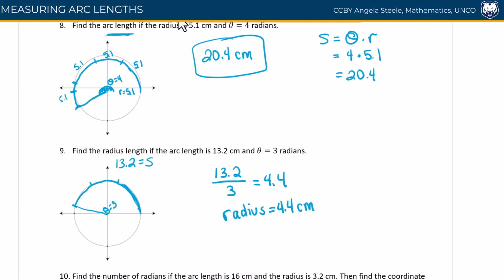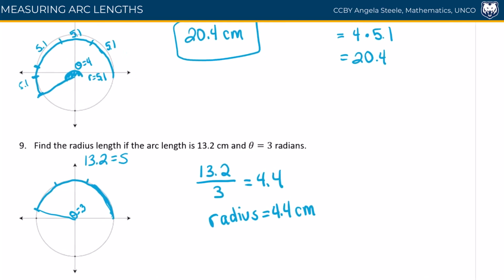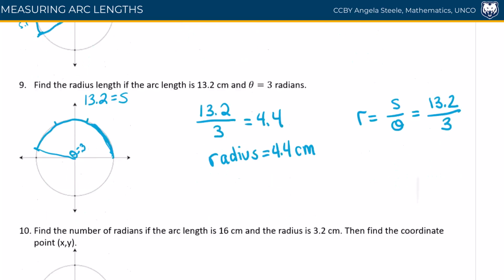Okay, and if we connect it back to our formula, if we're looking for our radius length, that is going to be r equals s divided by theta. So therefore, we're going to take the arc length of 13.2 and divide it by our 3, which is exactly what we did when we thought about our visual.